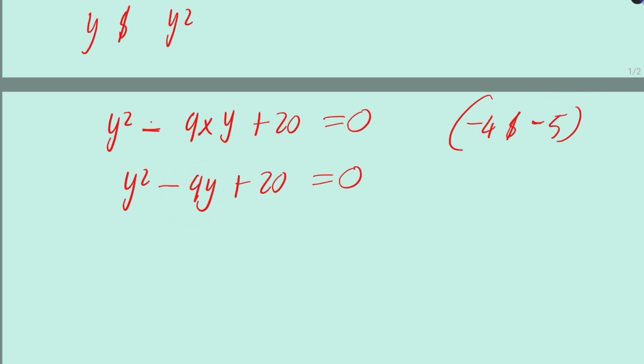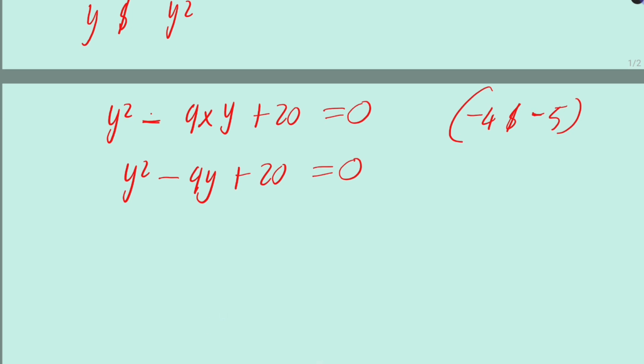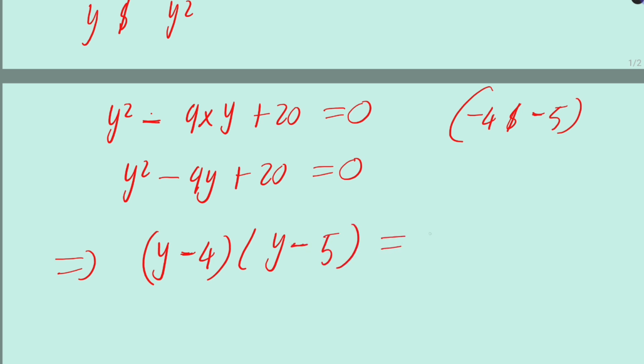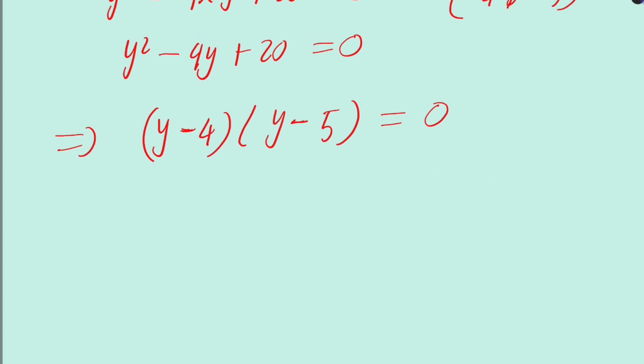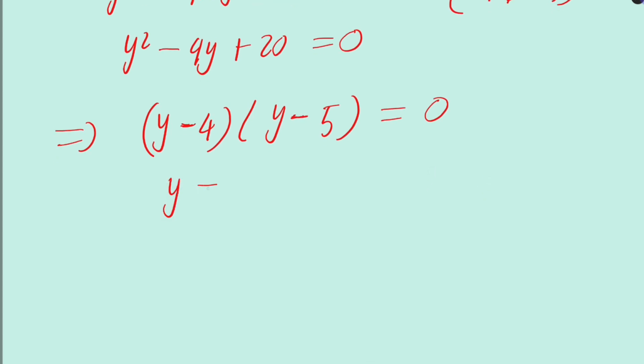So now it becomes y minus 4 times y minus 5 should be equal to 0. Now it gives us two possible solutions, which is y is equal to 4 and y is equal to 5.